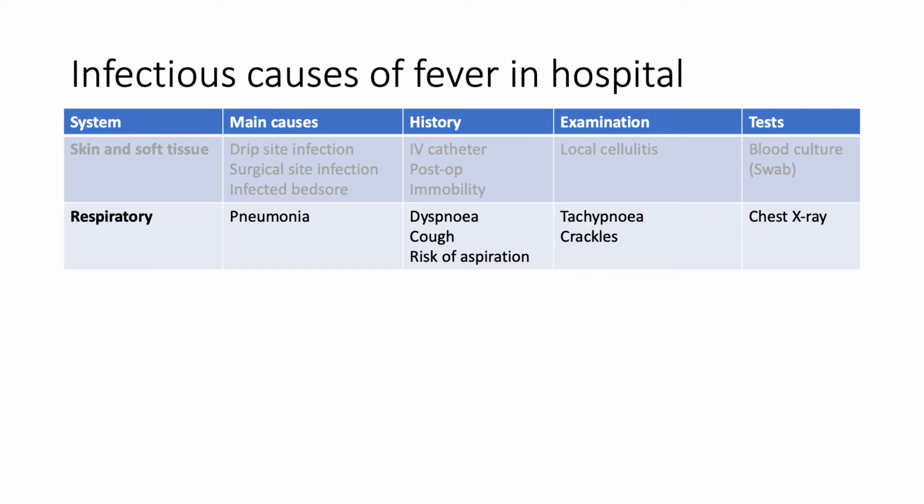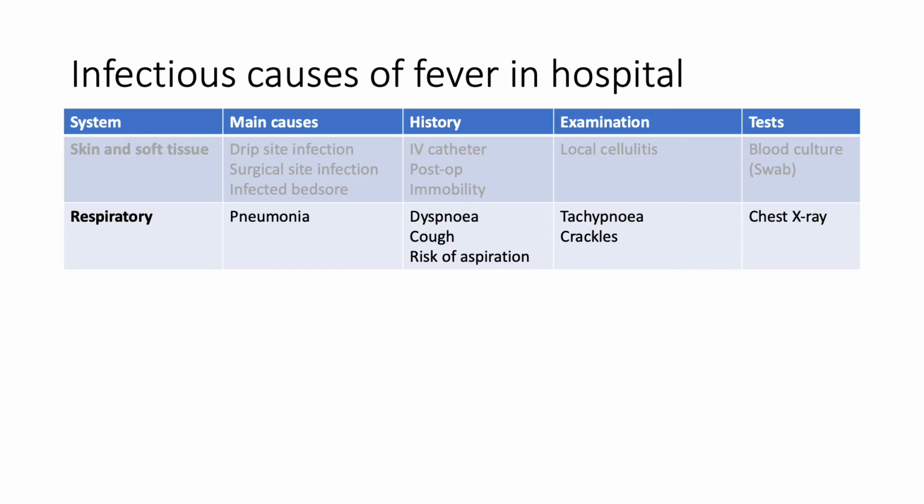In hospital we see more gram-negative, so Klebsiella pneumoniae is an important one, and this has implications for empiric therapy, which I'm not going to talk about. Occasionally, viral infections can cause pneumonia in hospitalized people if there's an outbreak of influenza, and these days, COVID-19.